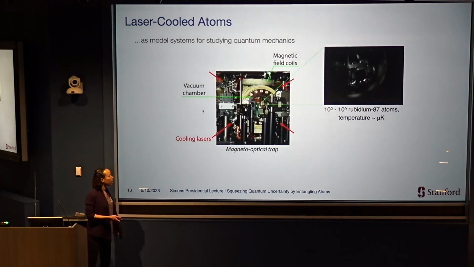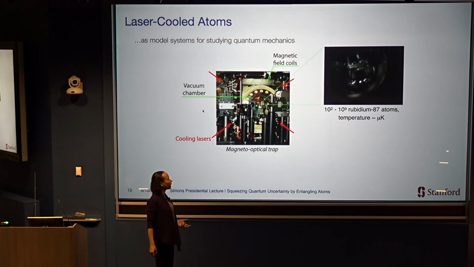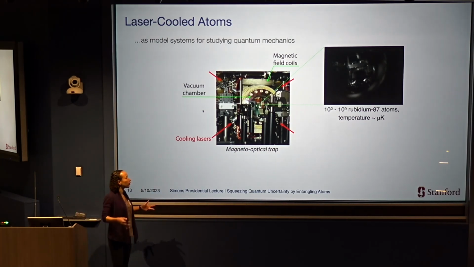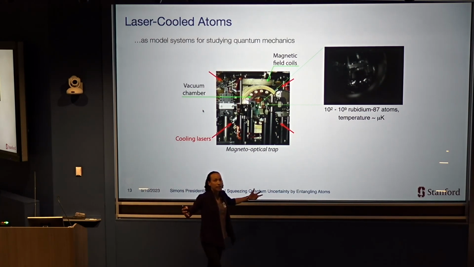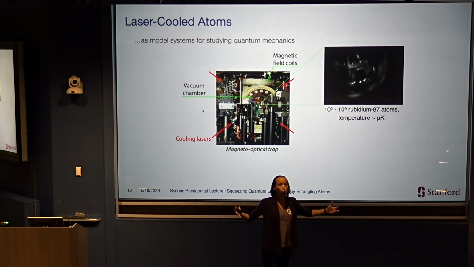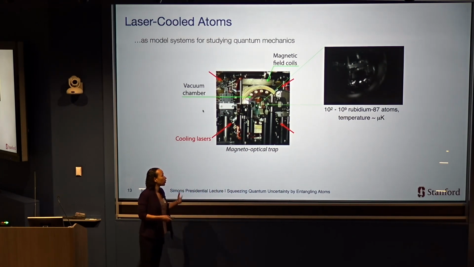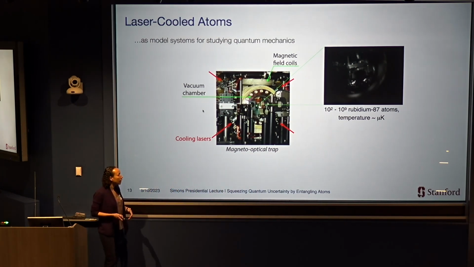Out of that goal of precisely measuring time and precisely doing spectroscopy on atoms has emerged a rich field of research where the starting point is to take atoms and cool them down. There are tricks for cooling them down using laser light to temperatures of roughly a millionth of a degree above absolute zero.